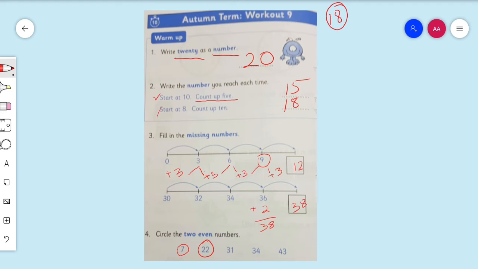22, that's divisible by 2, and also we can see that the last digit, which is the ones digit, is 2, right?